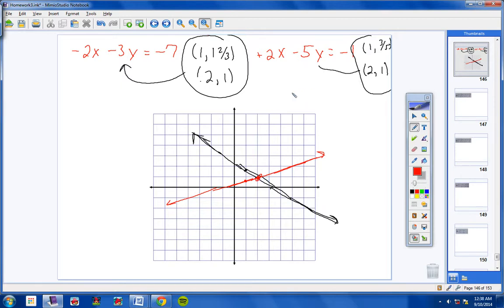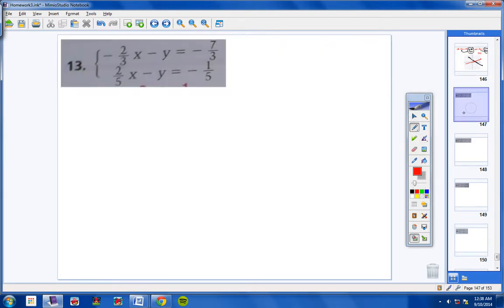So the answer would be 2, 1, which we already knew because we've already solved this problem 2 different ways using substitution and linear combination. But nonetheless, we have now solved this linear system by using the graphing method. Okay, so not too bad. All right, let's move on now to number 13.